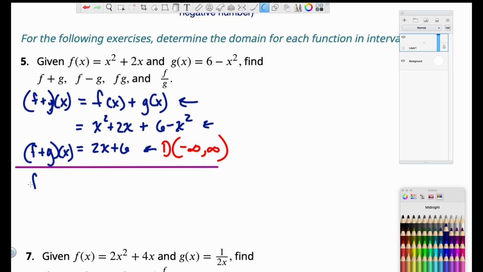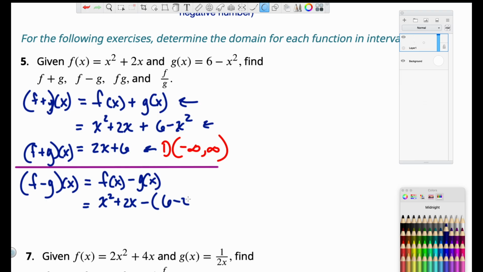Now we're going to subtract the two functions, f minus g of x. That's the same thing as saying f of x minus g of x. So that's going to be x squared plus 2x minus, and as I'm subtracting this function, it's important to make sure that we write the quantity here because we have to distribute this negative. So this is going to be a negative 6 and a plus x squared here.